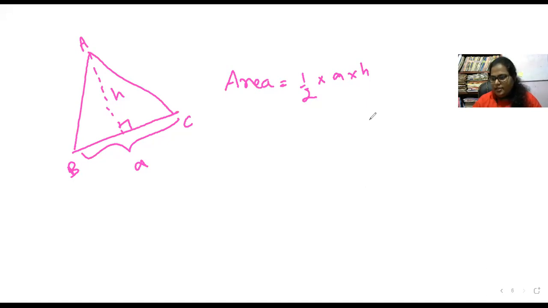I will put the brand and model here: Casio FX 991EX Plus.